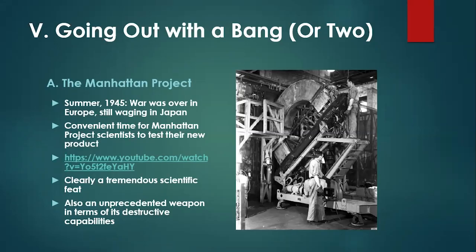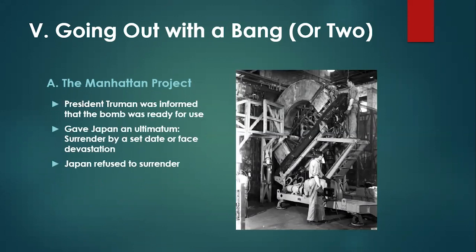Okay. So President Truman was informed that the bomb was ready for use, and he gave Japan an ultimatum. He told them to surrender by a certain date, and he said if they did not surrender by that date, they would face utter devastation. And I'd like to think that Japan kind of underestimated what exactly he meant, what the exact magnitude of the U.S. had in mind would be.